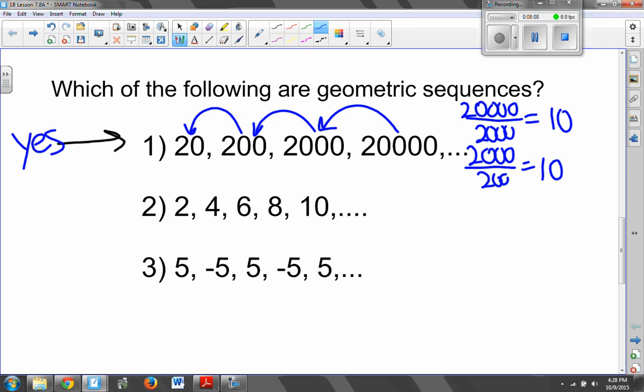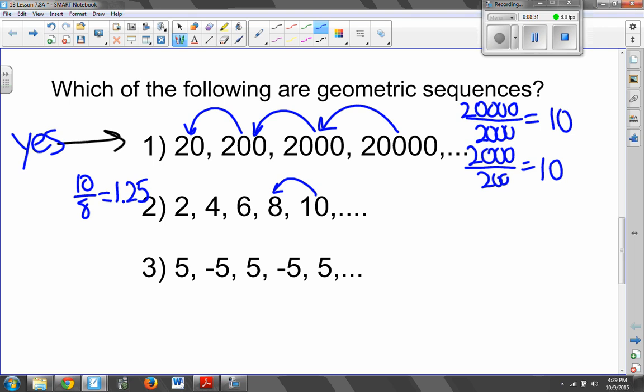Now let's try that same method with number 2. If I look at the last number and divide by the one before it, 10 divided by 8 equals 1 1/4, 1.25 if you do that on a calculator.